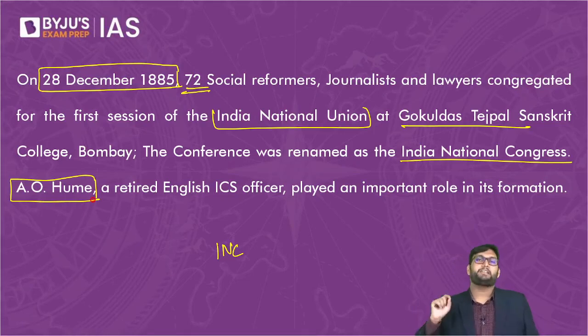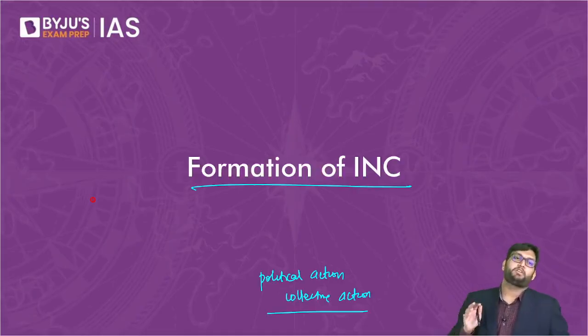So now what I need to discuss with you is this concept of the safety valve theory, or what is called the myth of the origin of the formation of the INC.